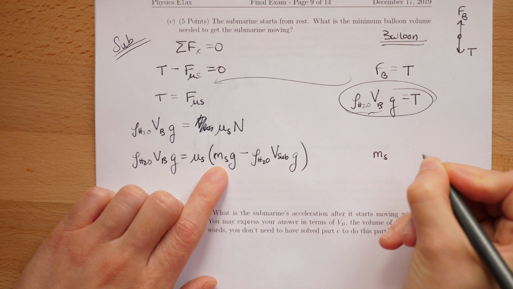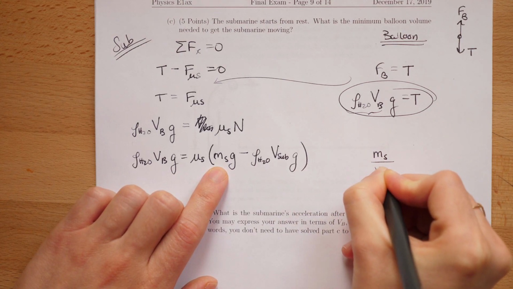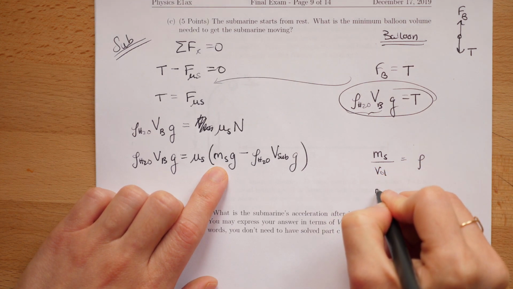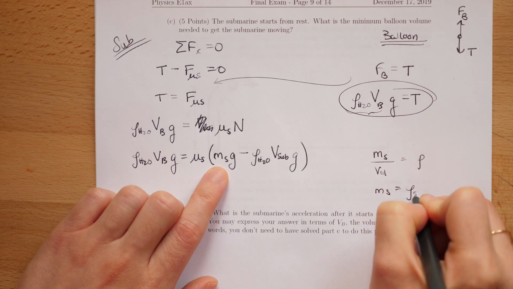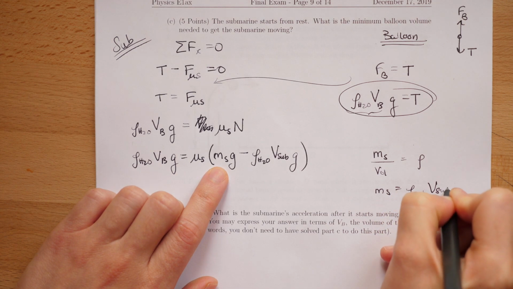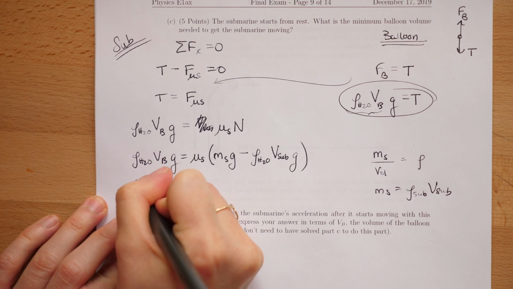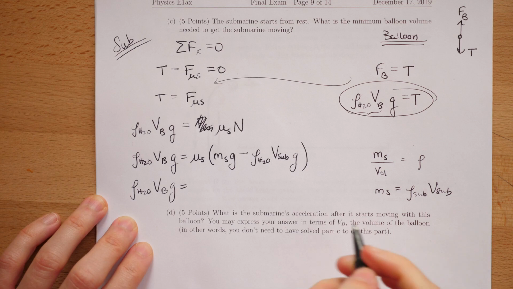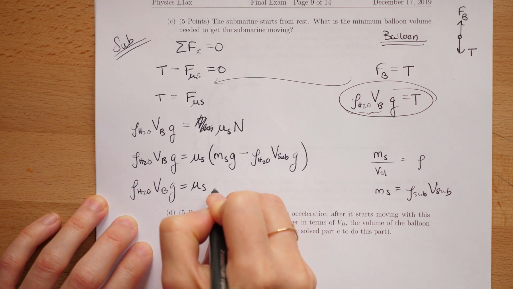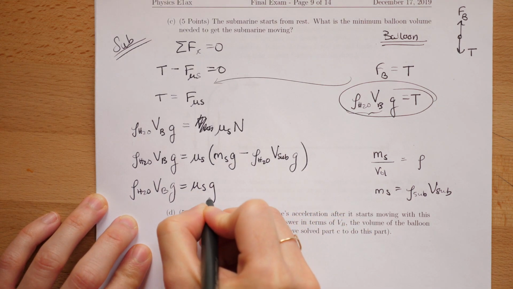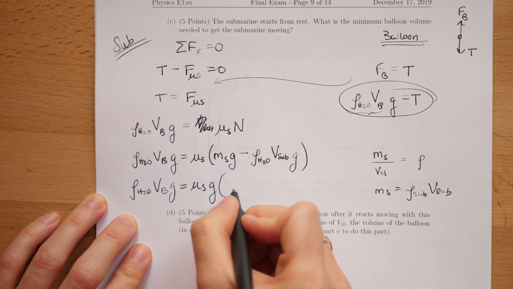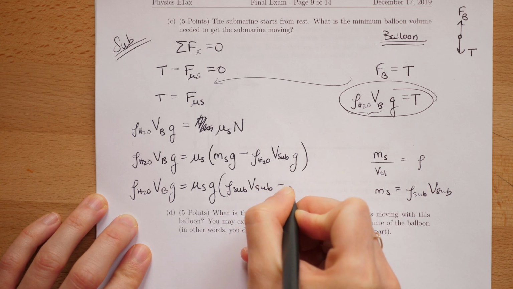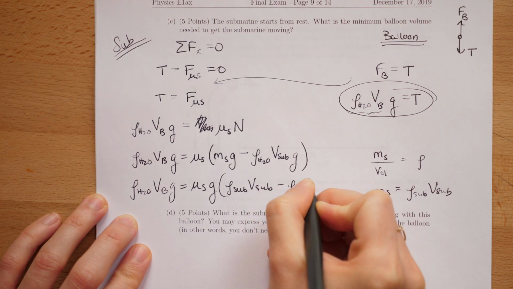So the mass of the submarine divided by its volume is its density, which means that ms is the density of the sub times the volume of the sub. I'm going to pull the G out of this. So that'll be rho sub V sub minus rho H2O V sub.